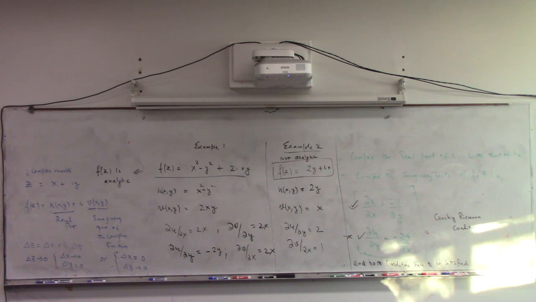It has got two values or more than one value. So it doesn't have a unique value at a given point in the complex plane. Okay, so that's what we mean by single value or multiple values. Basically, at a given point, it's got multiple values, so it's not unique. That's all it means.